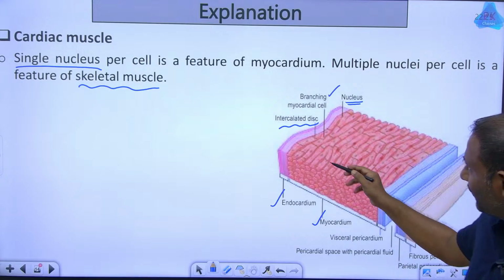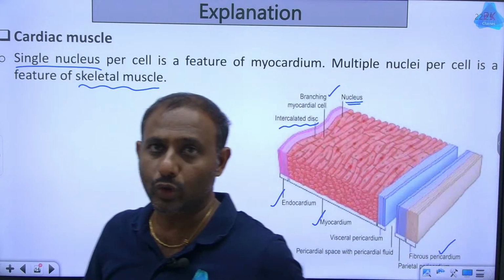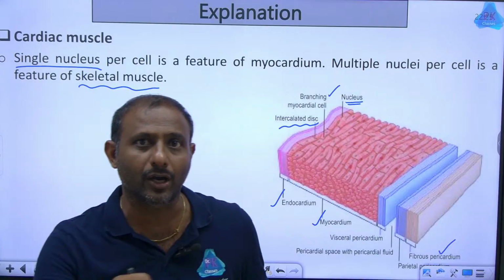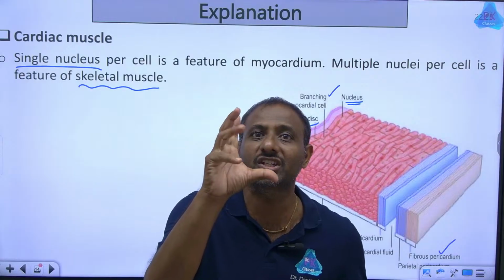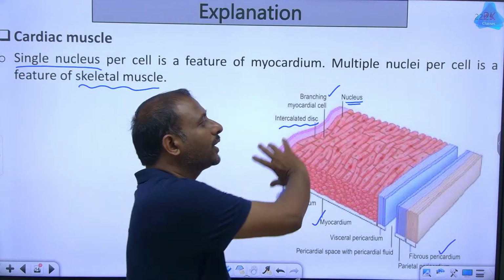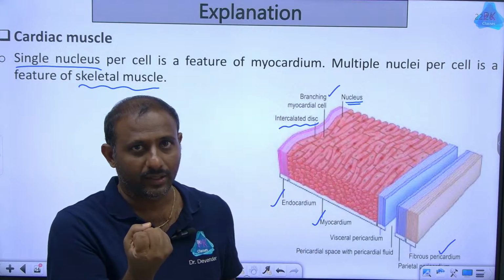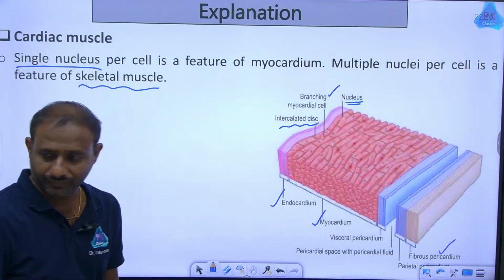This intercalated disc contains the gap junctions through which the impulses are propagated very fast, hence it acts like a syncytium. एक बार अगर एक सेल कॉन्ट्रैक्ट हो ना, पूरा का पूरा एक ही कॉन्ट्रैक्ट होगा. ठीक है. इसको इसलिए हम बोलते हैं सिंसीशियम.